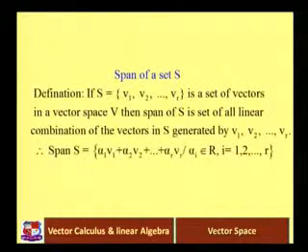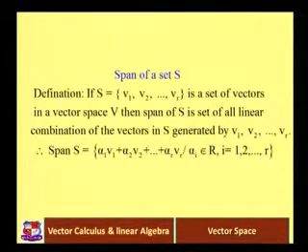Okay, so starting from today's content, first of all, span of a set. Now what is a span of a set? Definition: if S is equal to {v1, v2, up to vr} is a set of vectors in a vector space V, then span of S is the set of all linear combinations of the vectors in S generated by v1, v2 up to vr.